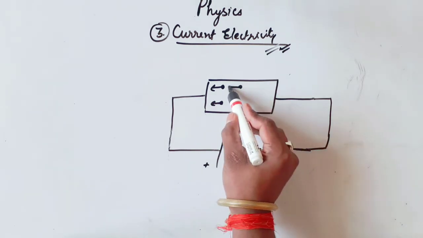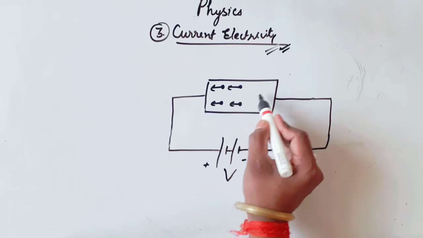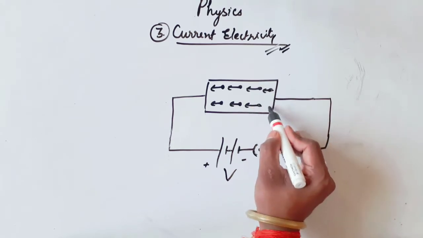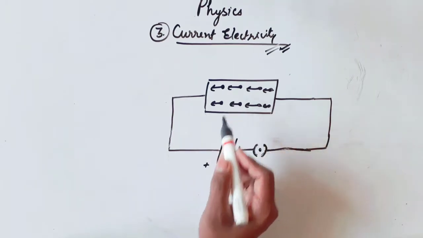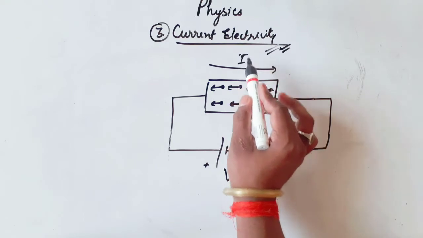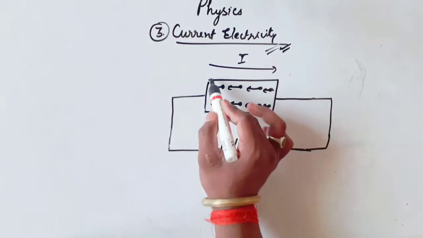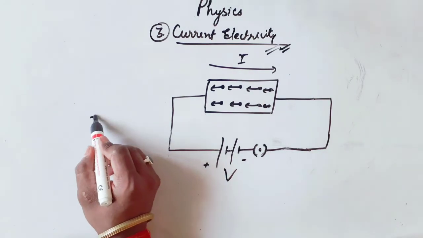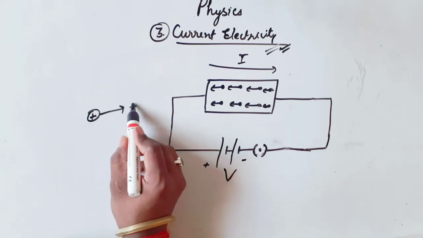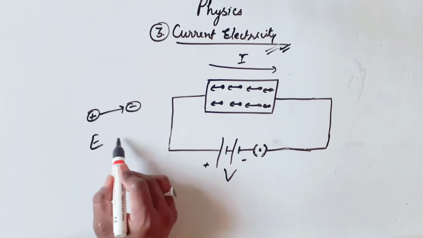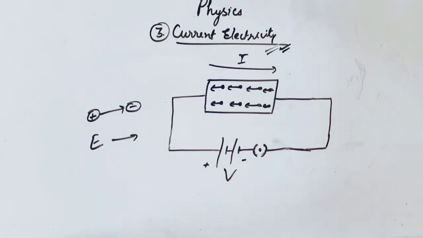So each and every free electron will start to move in a particular direction towards the positive terminal of the battery. And in the opposite direction of the electron flow, electric current will flow, because as we know, the direction of electric current is always from positive to negative, or in a simple way you can say electric current always flows in the same direction as the electric field.